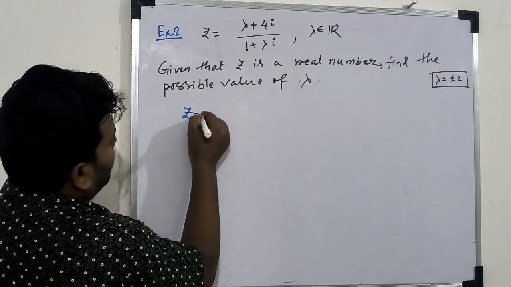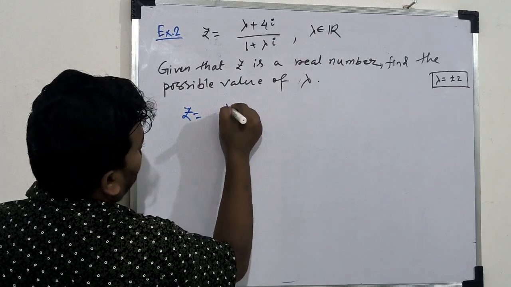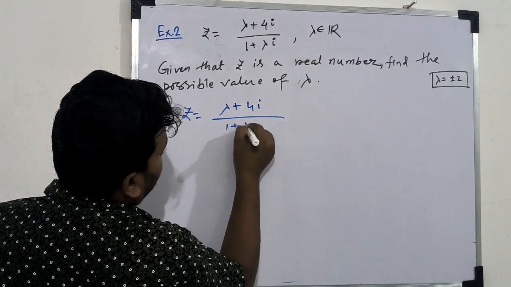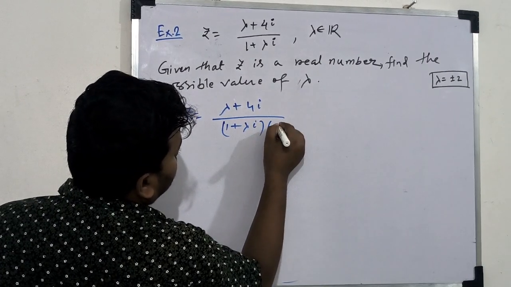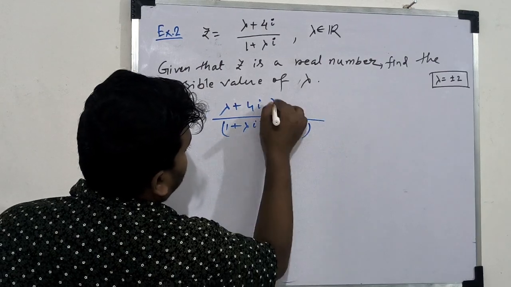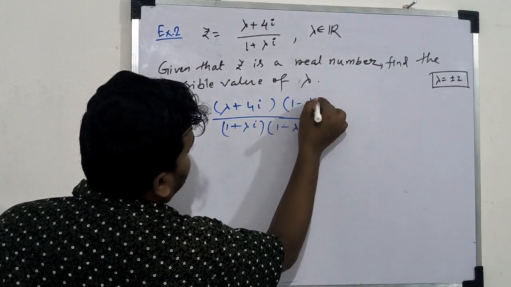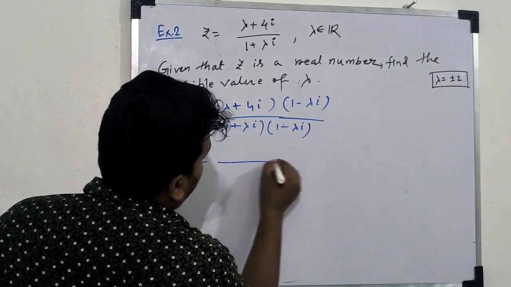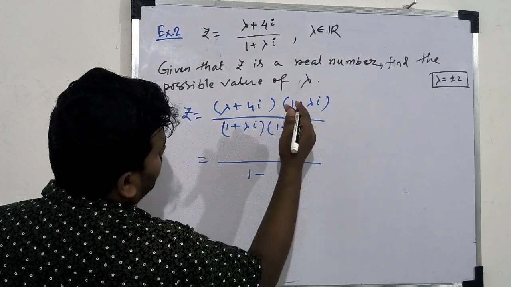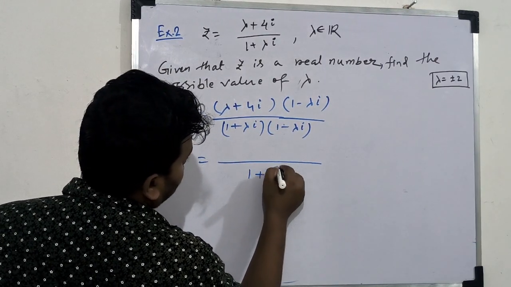So we first find the exact form of Z, that is (lambda plus 4i) divided by (1 plus lambda i). So we multiply by 1 minus lambda i. From this we get 1 minus i square lambda square in the denominator, that is plus lambda square.